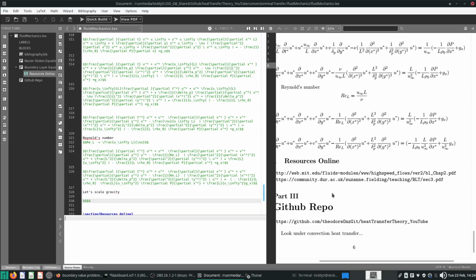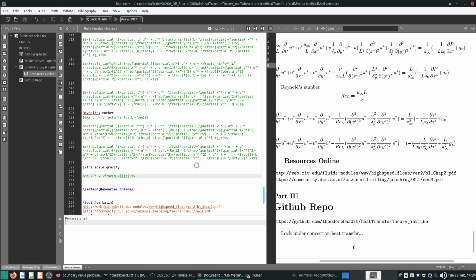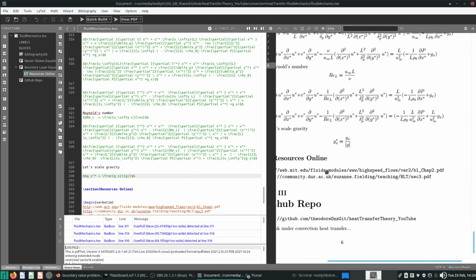This is not usually part of the boundary layer equations. So let's do gx star equals gx over your gravity. These pertain to body forces. And I'll show something a little bit more interesting.